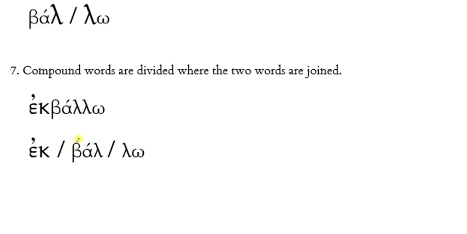By the way, it's funny that the word balo is spelled like ball. You throw a ball. So we split the double lambda and we split ek from ball right there. Knowing what sorts of things can be compounded is something you'll learn as we go on, but that is one of the rules of dividing Greek words into syllables.